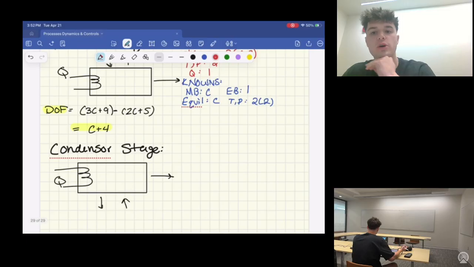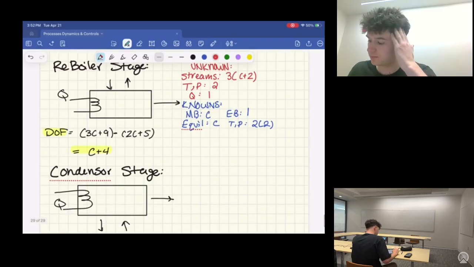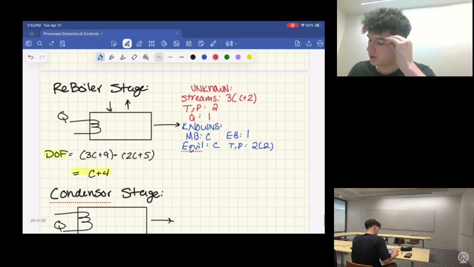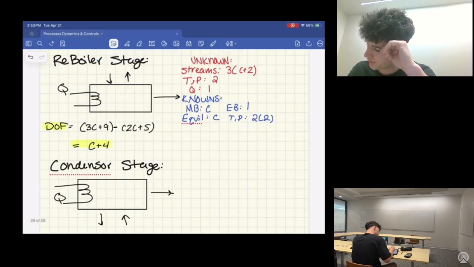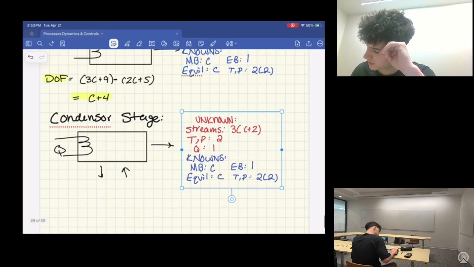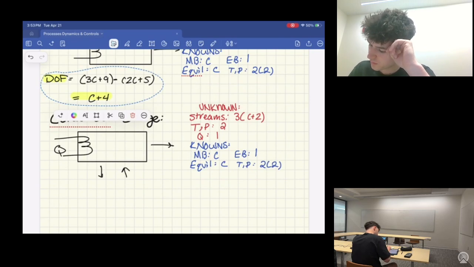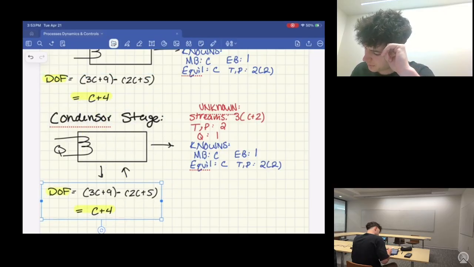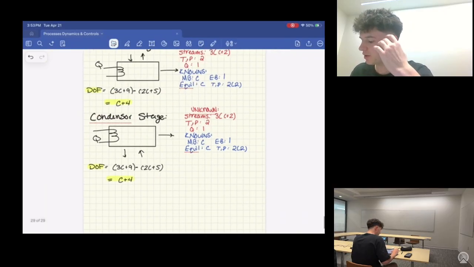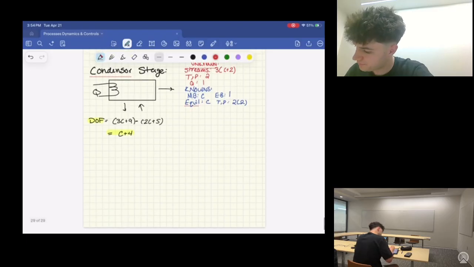Now, you could go and solve this all out algebraically, but if you look at the systems, they're actually completely identical, except that one's at the bottom, and one is at the top. So really, we could just go here, and we are going to copy all of this down, bring this down, and it's actually the same solution. So both the condenser and the reboiler come down to C plus 4. So now we have our splitter.